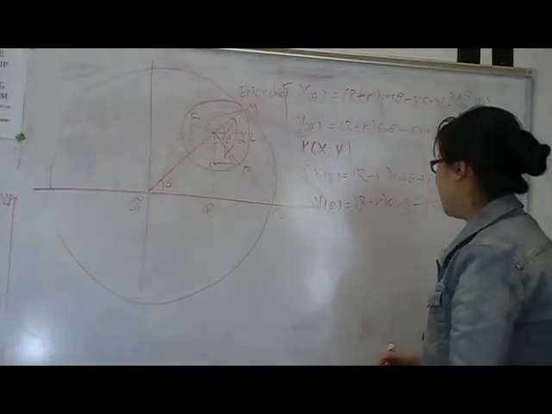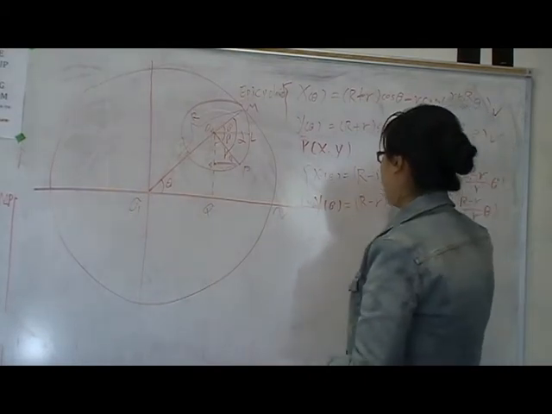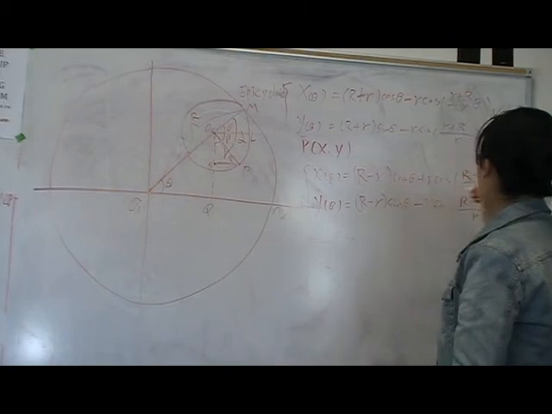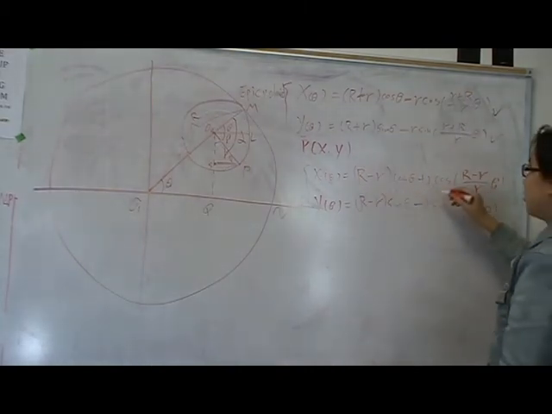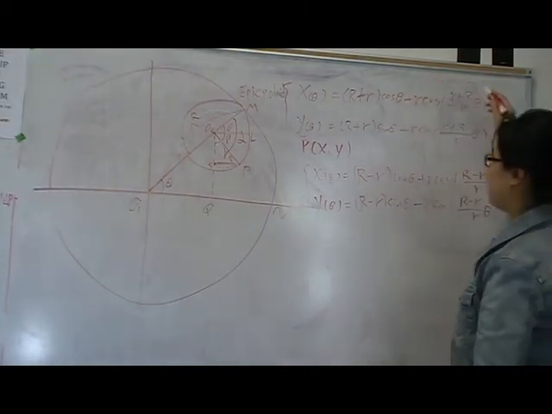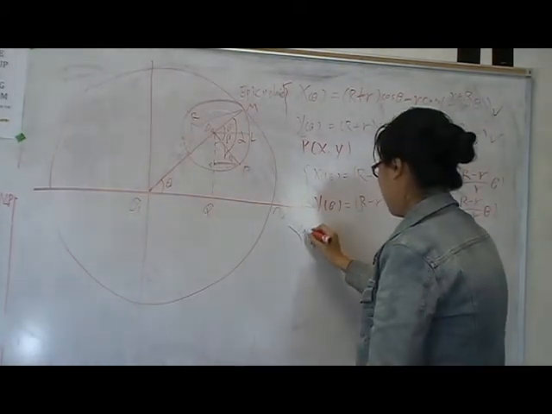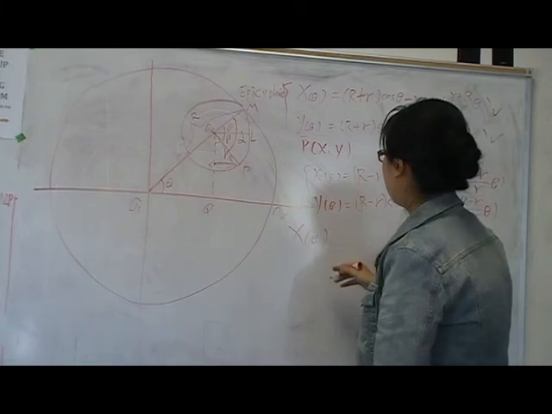Right now I'm gonna explain the parametric equation for the hypocycloid, which is here. It's kind of similar to the epicycloid. First, we try to figure out x(theta).